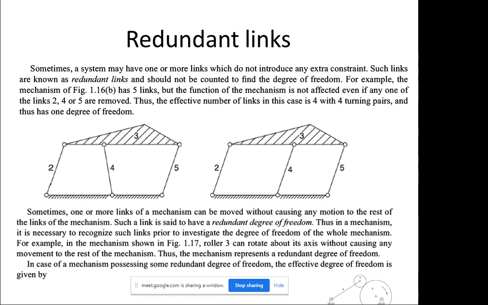Thus in a mechanism, it is necessary to recognize such links prior to investigating the degree of freedom of the whole mechanism. You can see the figure below. The roller 3 here, the top one, can rotate about its axis without causing any movement to the rest of the mechanism. Thus the mechanism has a redundant degree of freedom.